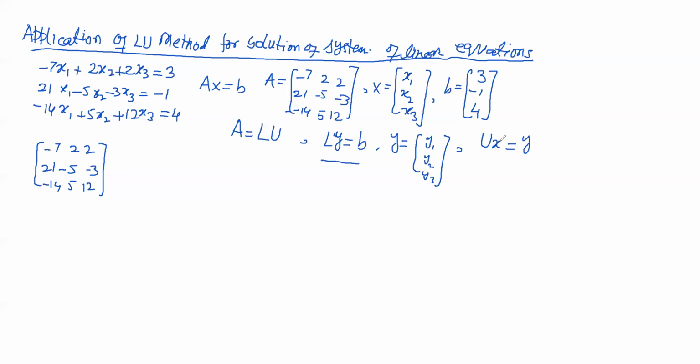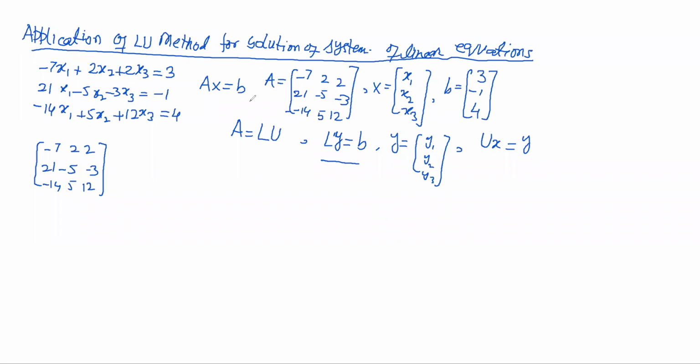Okay, so first we have to go step by step. First we have to find y, and then we have to find x in this method. And as the method says, this will greatly reduce the number of computations needed.